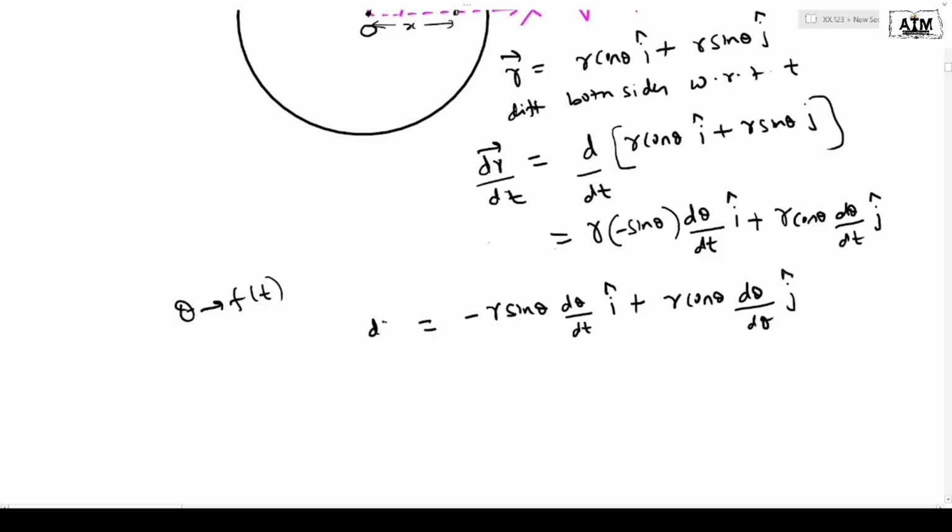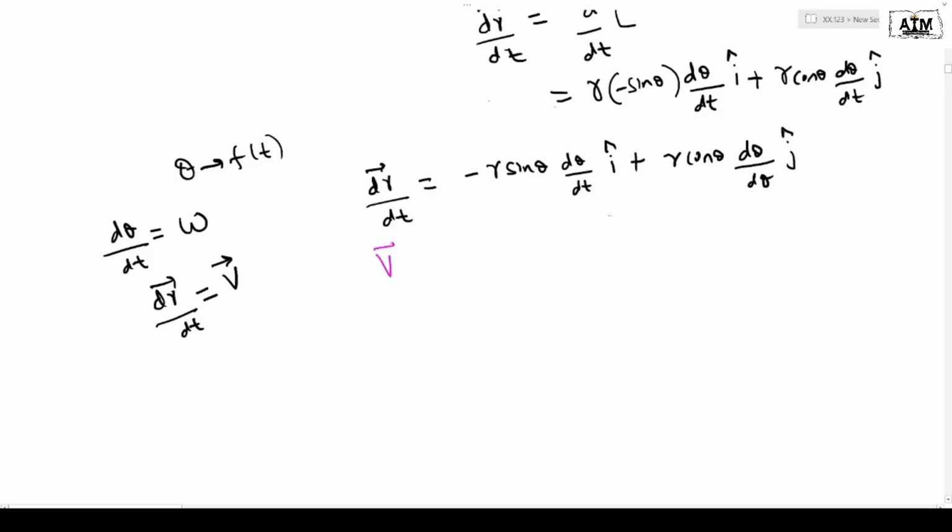This is equal to dR by dt. Now d theta by dt is the rate of change of angular displacement, which is omega, and dR by dt is the rate of change of displacement, that is vector v.